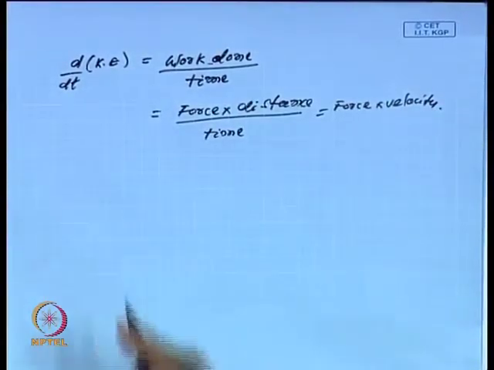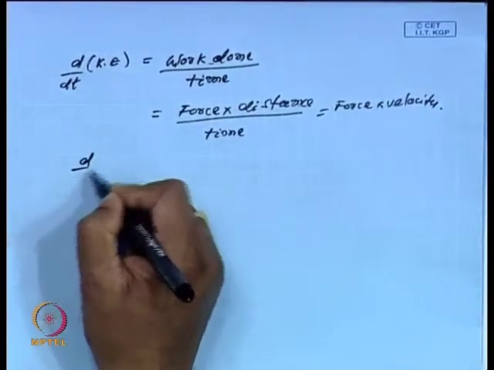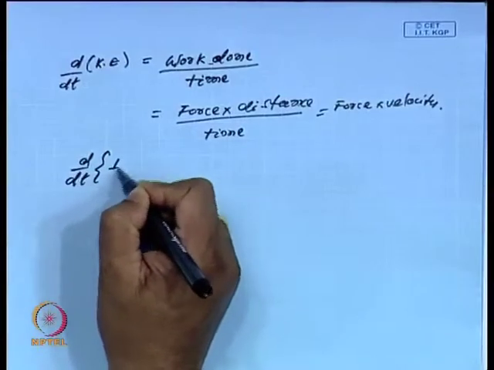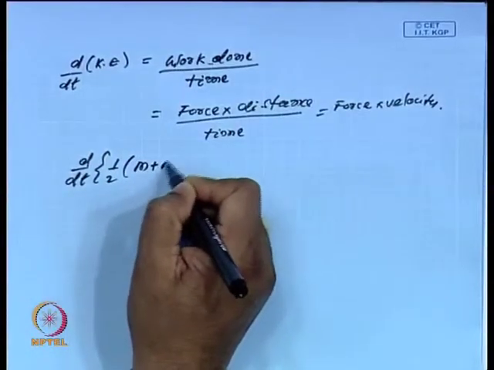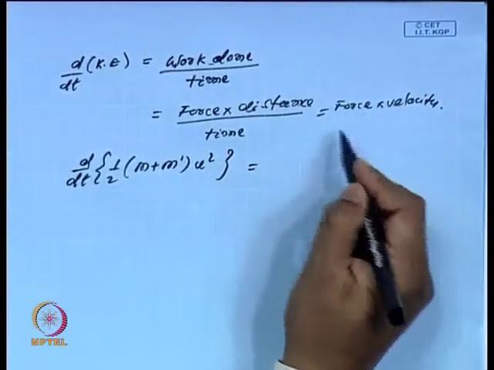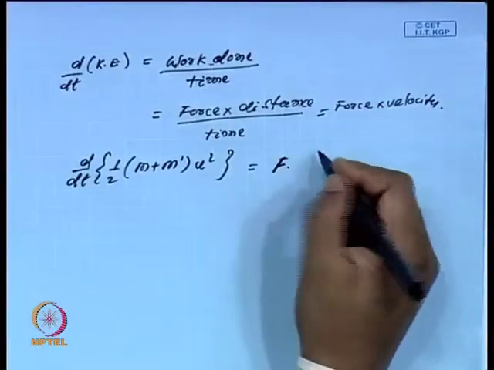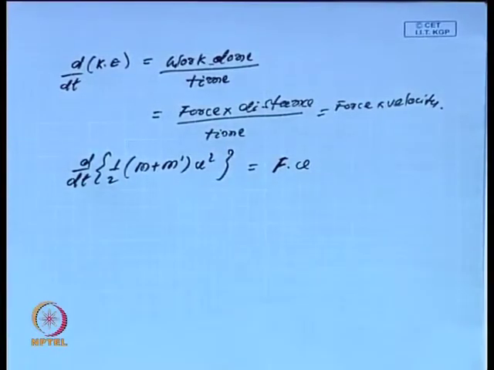And if that is the case, then what is my d by dt of the total kinetic energy? I have d by dt of half of m plus m prime into u square, and the force, if I call the total external force F, and u is the velocity.